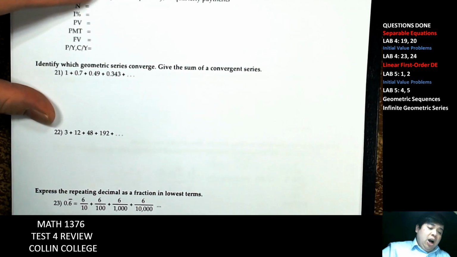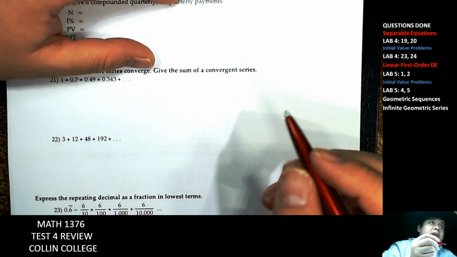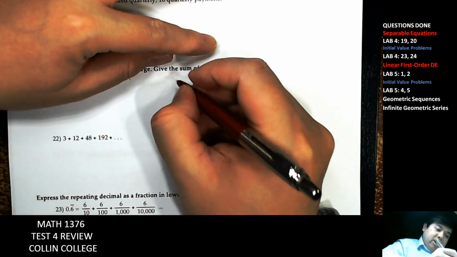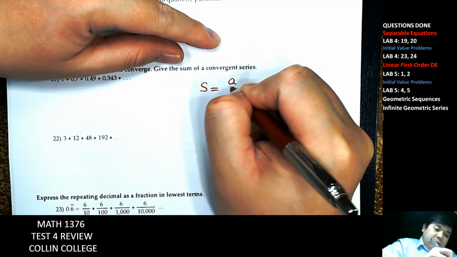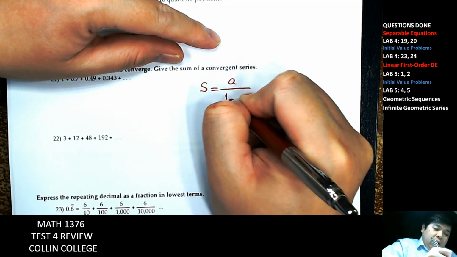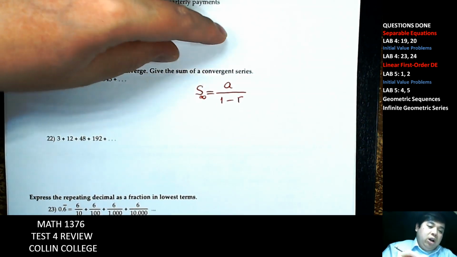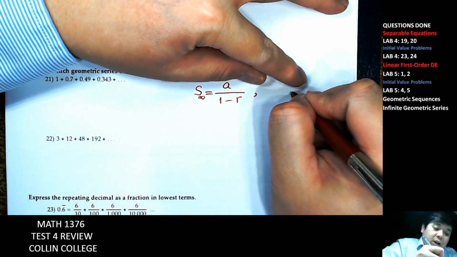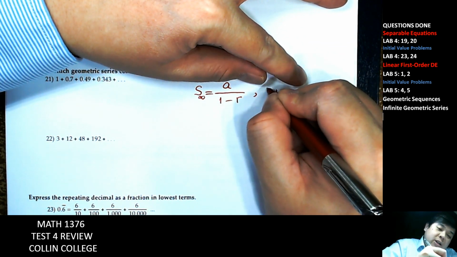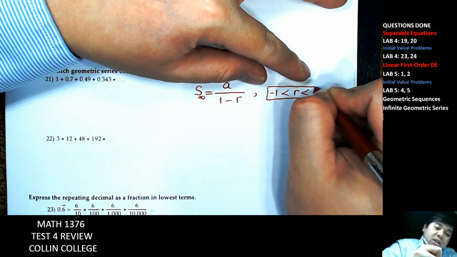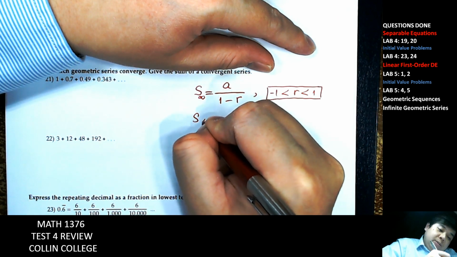All of these, we have the infinite geometric series. The formula will be equal to the first term divided by 1 minus r. We can write infinity if we want to. Very important, the ratio has to be between -1 and 1, because if it is not, the sum will be undefined.